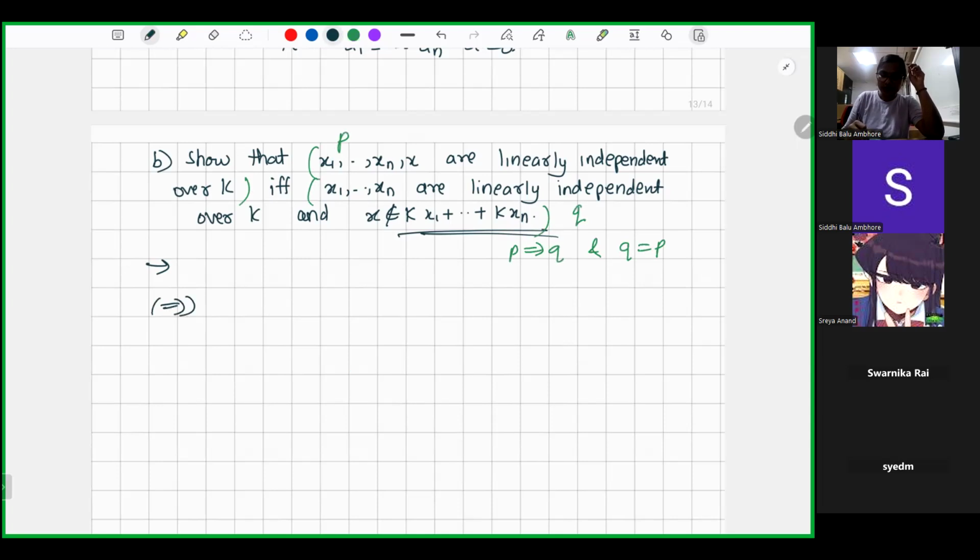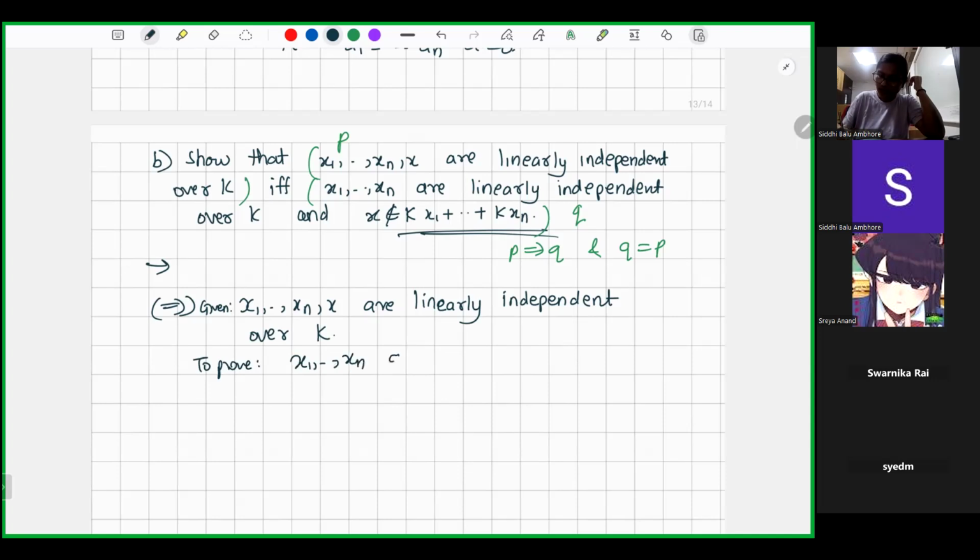So the first implication: x1 to xn and x are linearly independent over K, and this is my given statement, and to prove that x1 to xn are linearly independent and x does not belong to Kx1 plus ... plus Kxn.